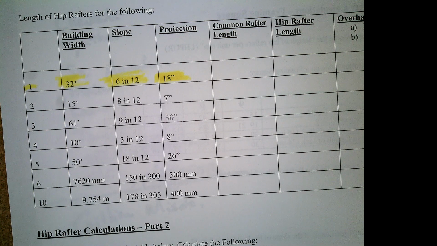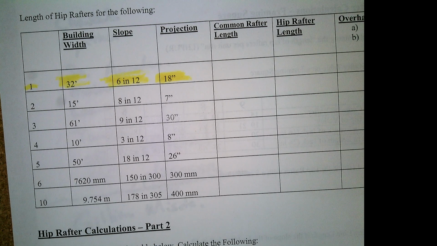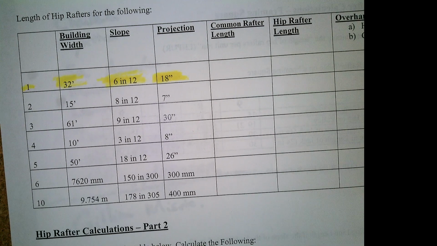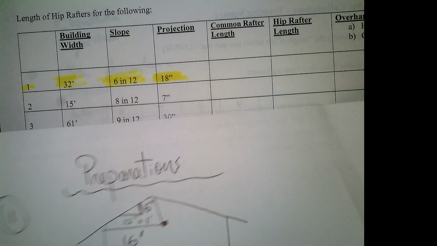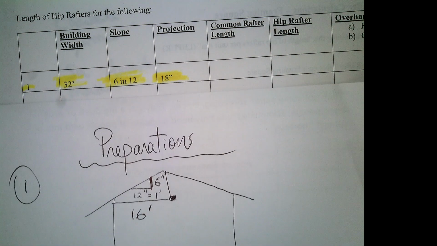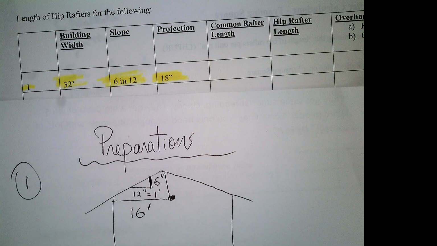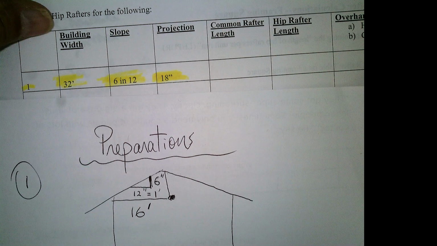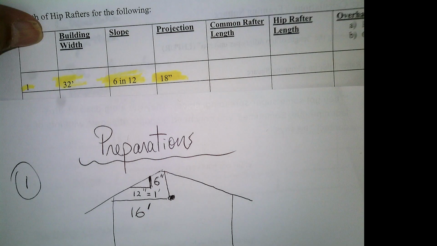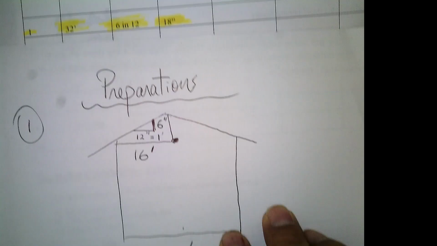But anyway, now this is the last page of the hip rafter package. I will go over number 1. For every single question you need to do preparations, and all preparations are exactly identical.